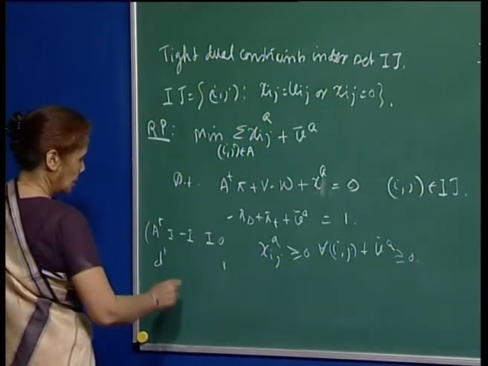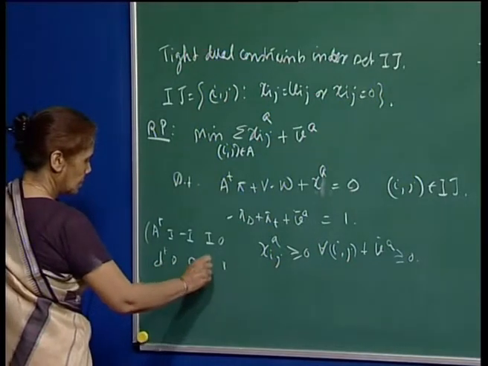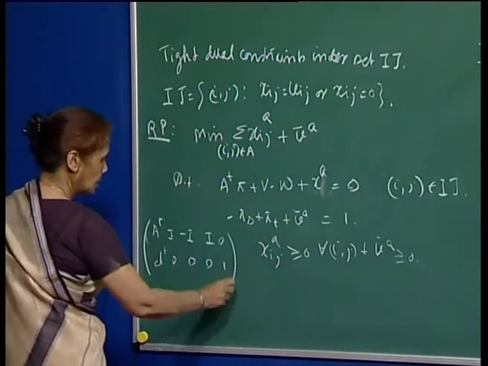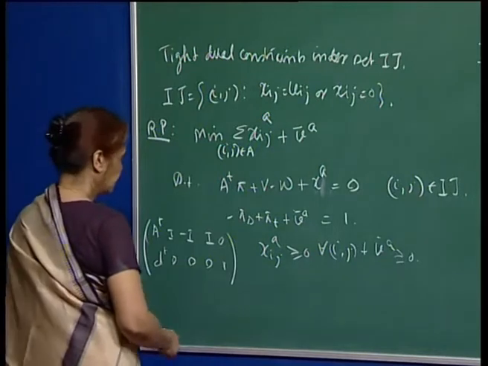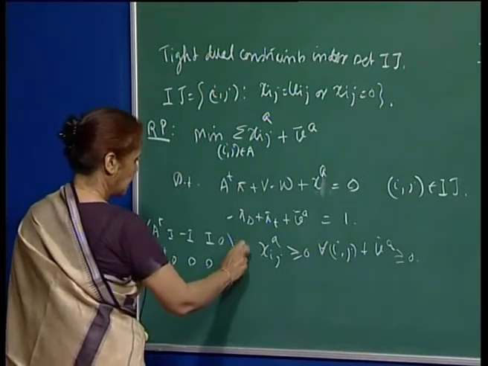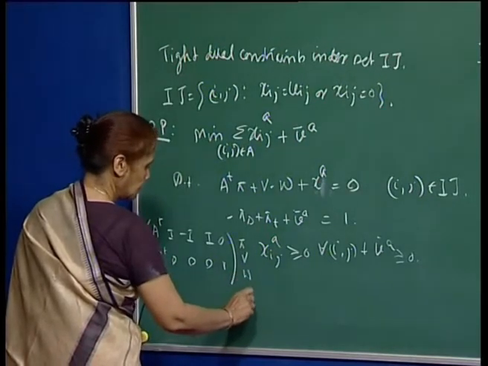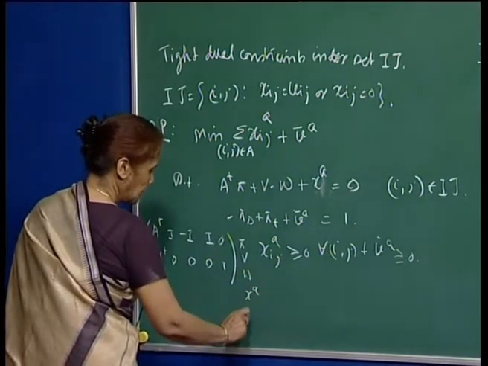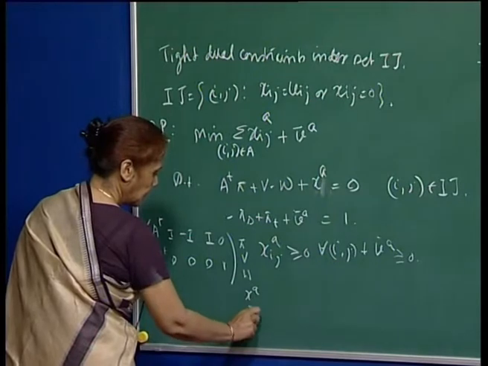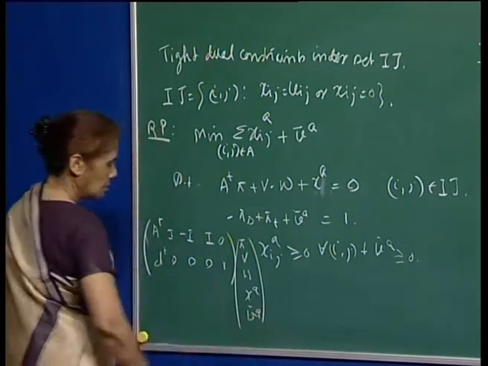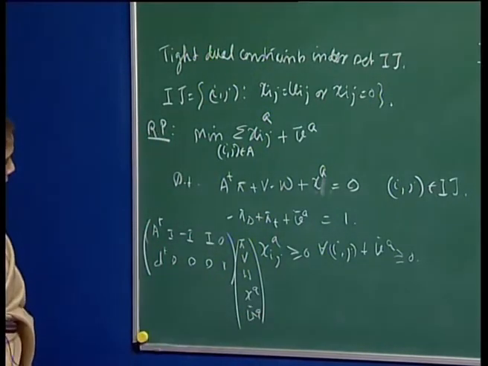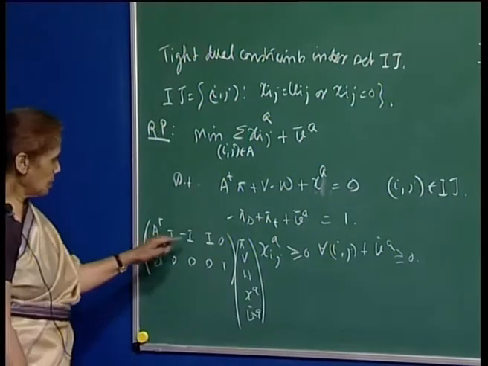So this is 1, and this is all 0, 0, 0, right. So this is what you have, and this was our pi, v, w, x A, and I was writing v bar A, okay, because of 2, 4 and 5.